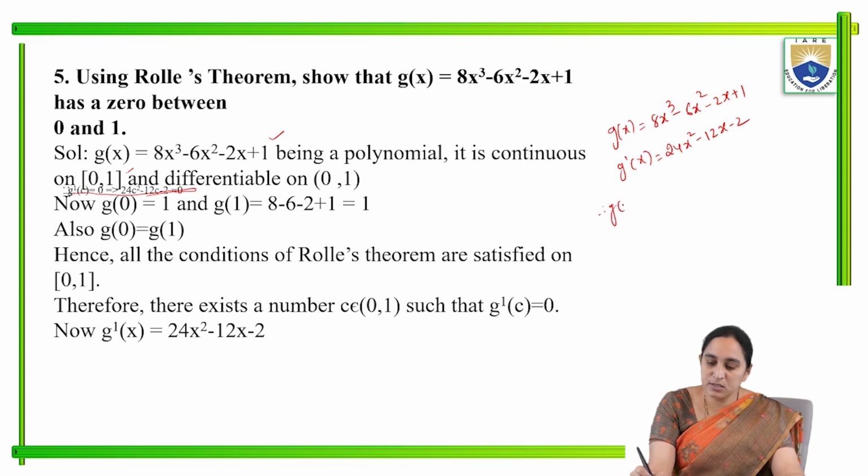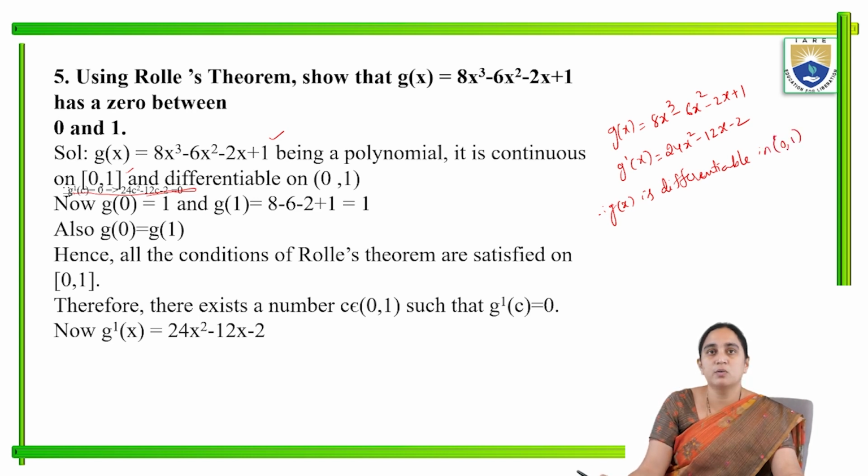Therefore, g of x is differentiable in the open interval 0, 1. If it is differentiable, then from one of the properties, the given function g of x is continuous in the closed interval 0, 1.